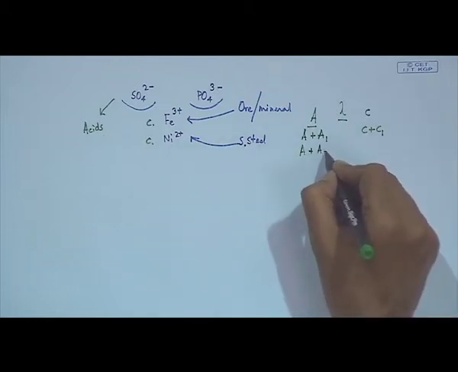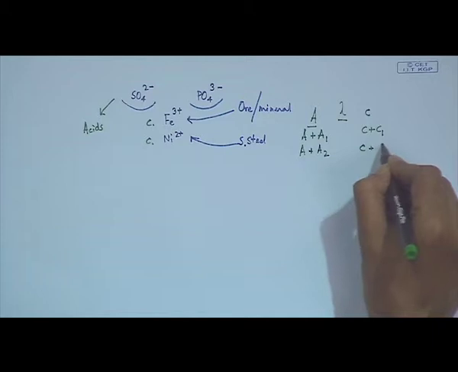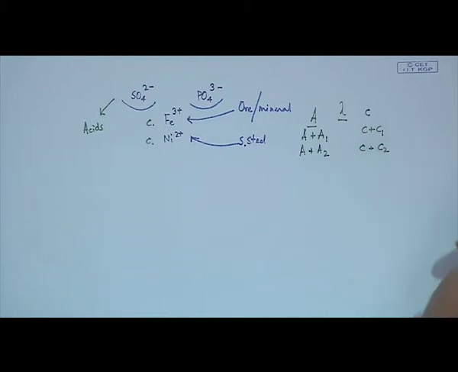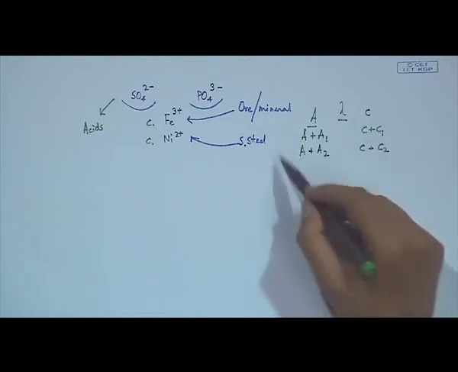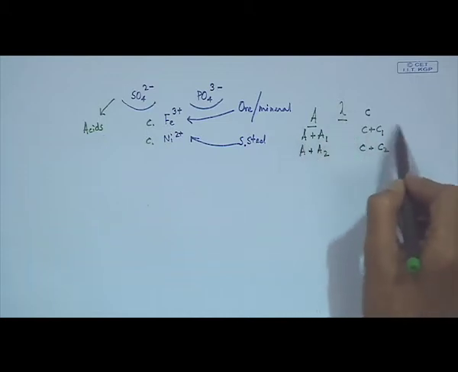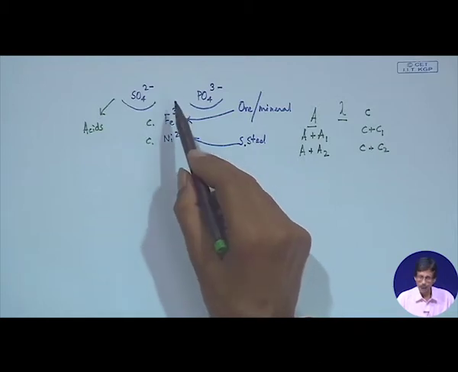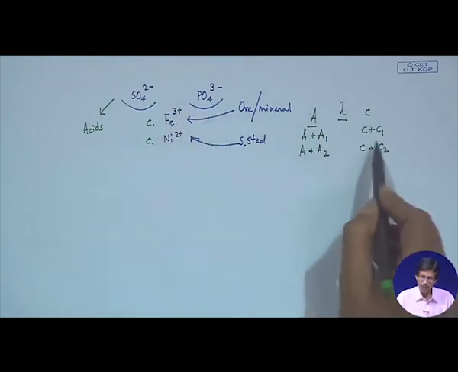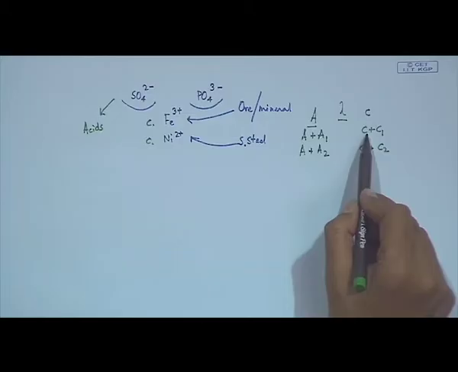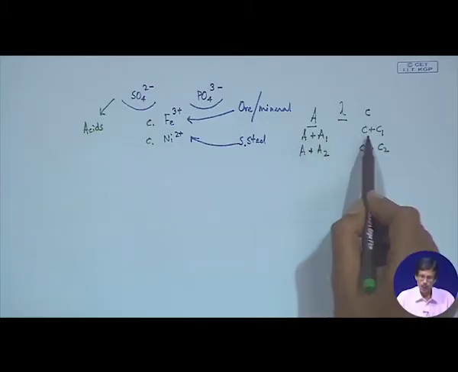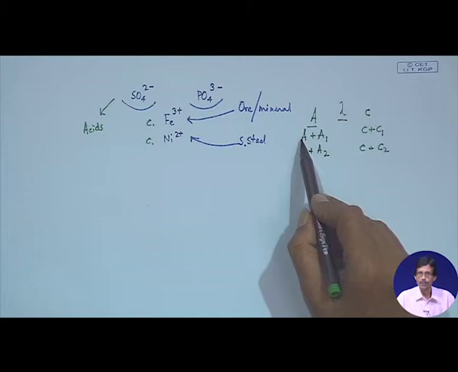So, A plus A2 can also be measured, where C, the original one, has some added C2. From these we find that these absorbances are additive in nature. So, this can be added up, and when we are talking in terms of the same species, either nickel or iron, we can find out this unknown concentration very accurately through this technique, instead of finding the unknown concentration directly from the known concentration versus absorbance plot.